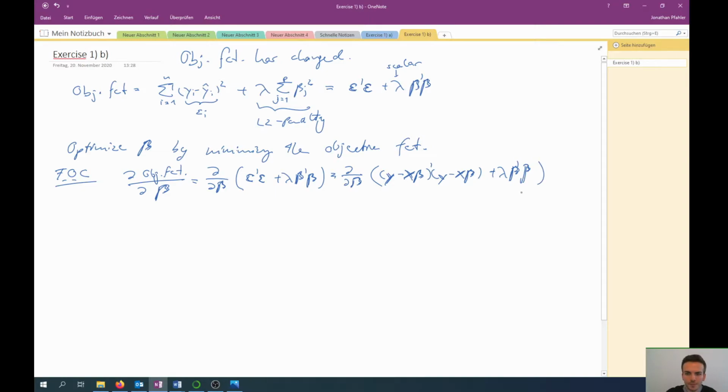this term. Okay, now I just plugged in the restructured estimation model, so I can plug it in for epsilon. Now we want to take this and set it equal to 0. So we optimize it. Now we can just take the derivative again as before. Maybe let's write this out again.